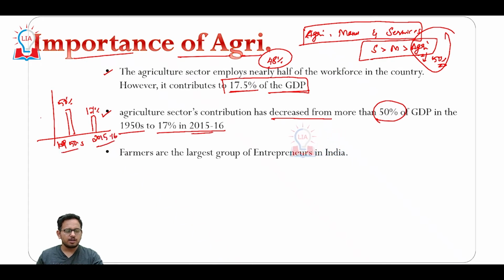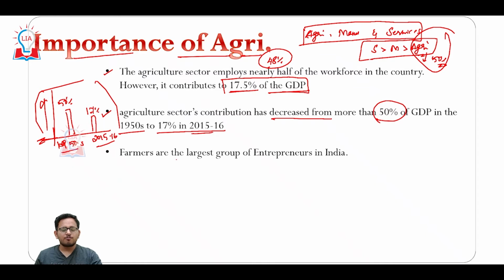This kind of chart or graph will add great value to your answer. Please make sure that such maps or charts are prepared beforehand and practiced, so that you use very little time drawing them and value-add your answer.